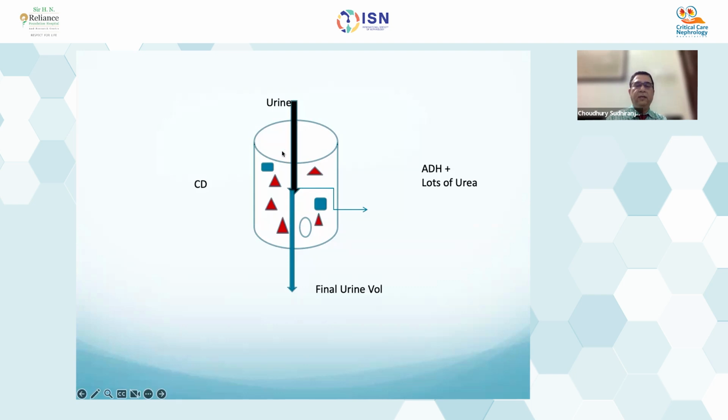When it is present in the urinary system, water gets attached to the urea molecule and it is excreted out as free water or electrolyte free water. So in the presence of antidiuretic hormone also, if the urea concentration is reasonably high in your urine, then electrolyte free water can be excreted out in the final urine.